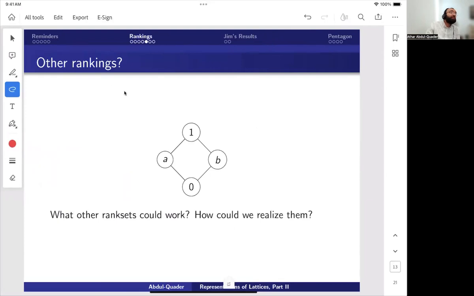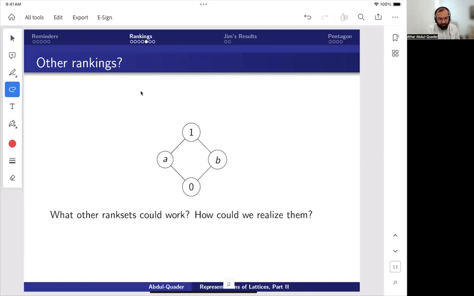For B2, there's actually a lot of different possibilities. In general, there might not be as many, and this is something that I think is interesting and worth thinking about. But for finite distributive lattices, the answer is somewhat known, and I think it's in Jim and Roman's book on how to realize all possible rank sets.